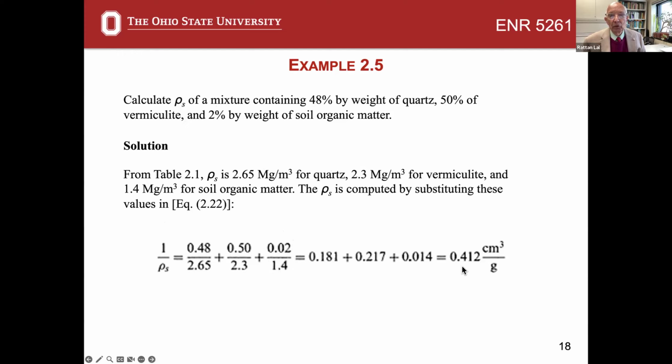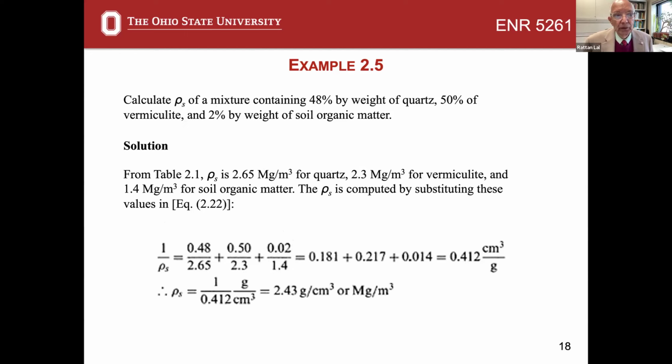You add up all those, get 0.142, and if you take the reciprocal of that, you get the particle density of the soil, 2.43 gram per cubic centimeter or megagram per cubic meter.